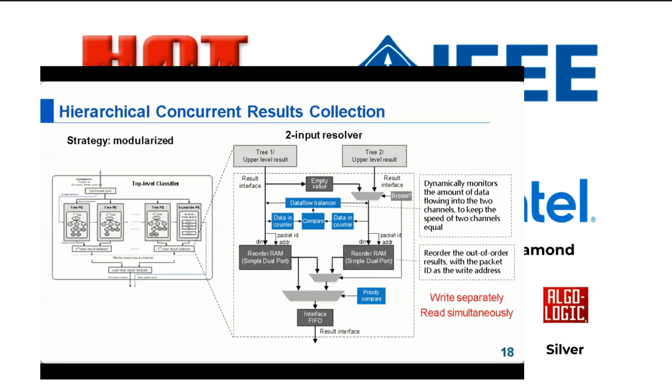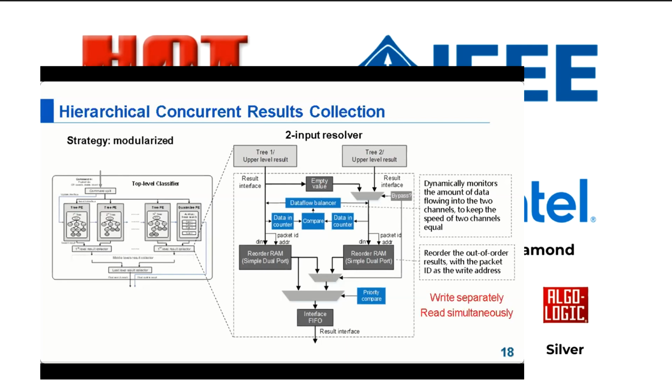As we said previously, the search results of multiple PEs need to be parsed in parallel level by level, and the number of trees can be random and unpredictable for any given set of rules. For the purpose of supporting arbitrary tree numbers, we introduced the idea of modularity in the result collection design, which is a multi-level result parser with a two-input resolver as the basic component.